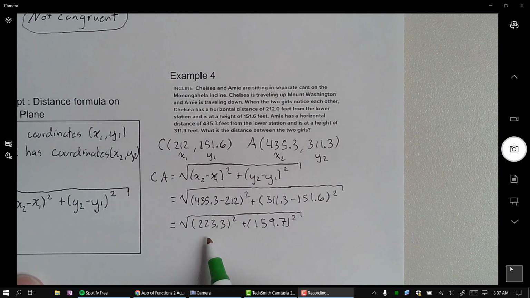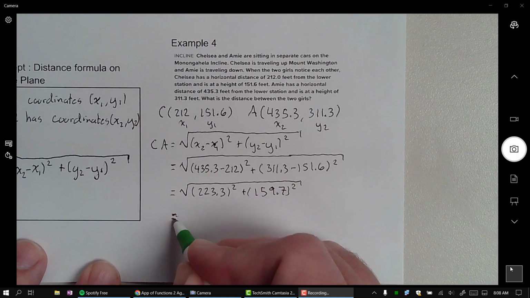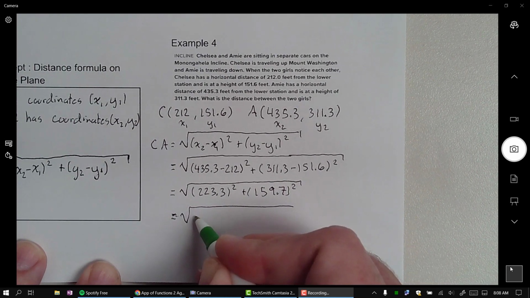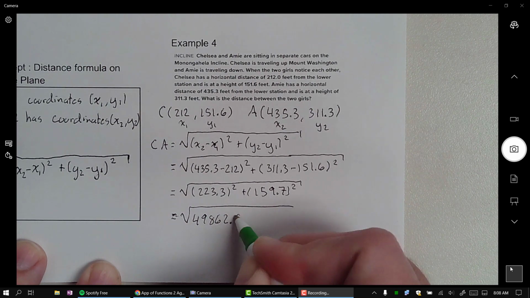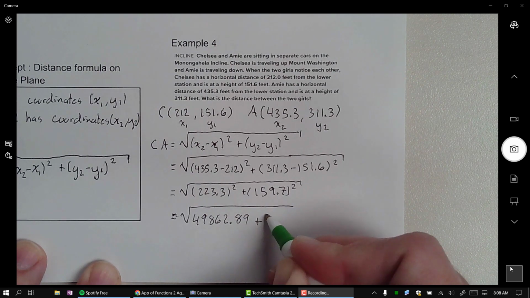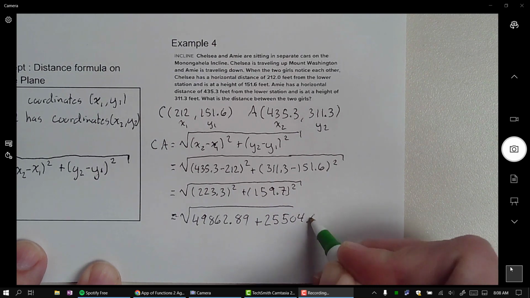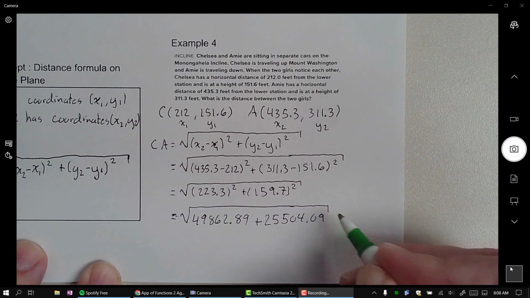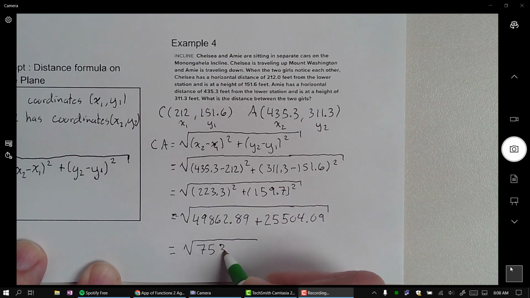Now I'm going to multiply 223.3 by 223.3. When I do that, I end up getting 49,862.89 plus 25,504.09. Add these two together. When you add them together, you get 75,366.98.